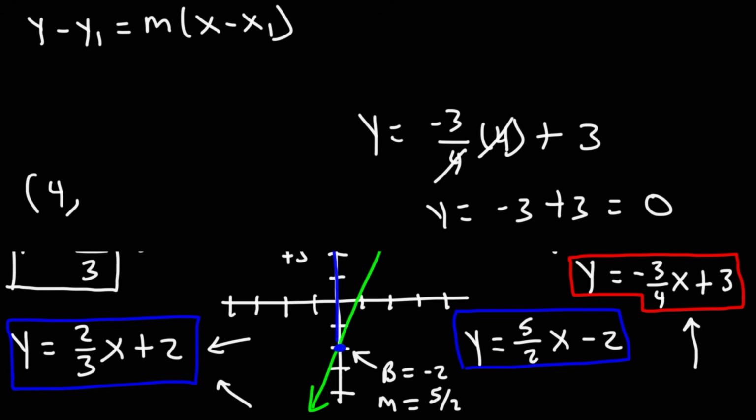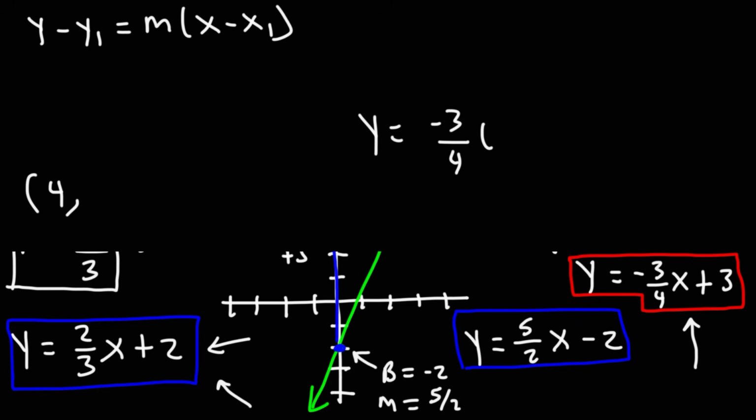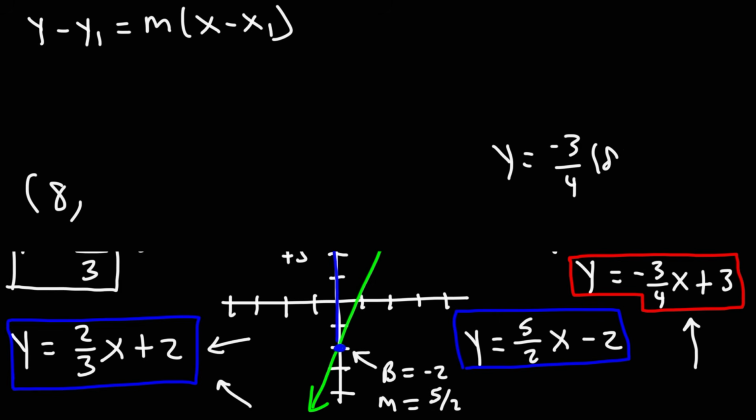I don't want a 0. I want something other than a 0. Let's try plugging in 8. Eight divided by 4 is 2. And 2 times negative 3 is negative 6.